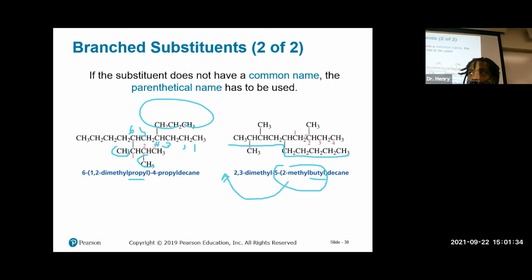And then it's off of the 2, so it's 2 methyl butyl. And all of that would be off the 5th. Again, I'd have put that first, and then I'd have put this second. But that's me. So I'll have to confirm their answer, because I think it's a typo. And I bet you that's exactly possible.